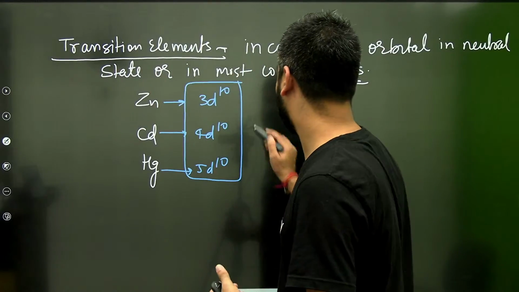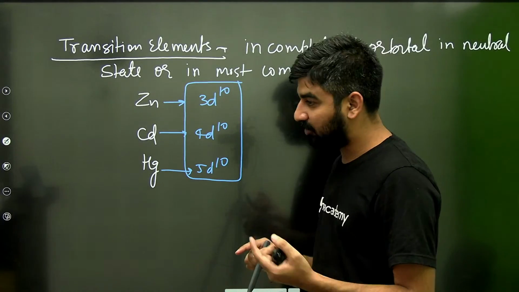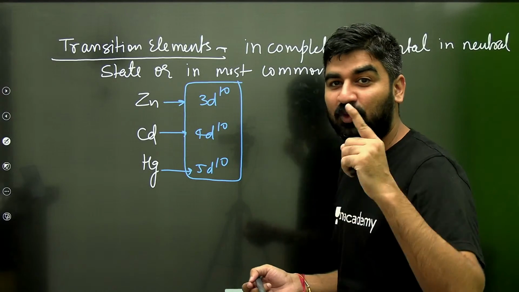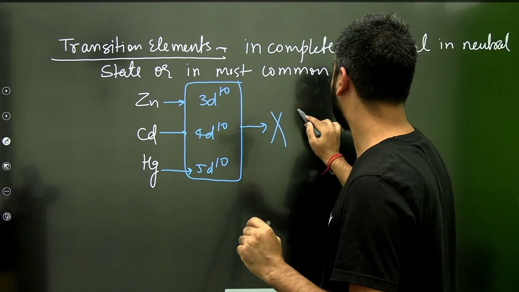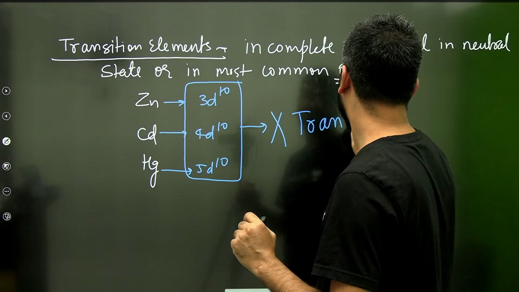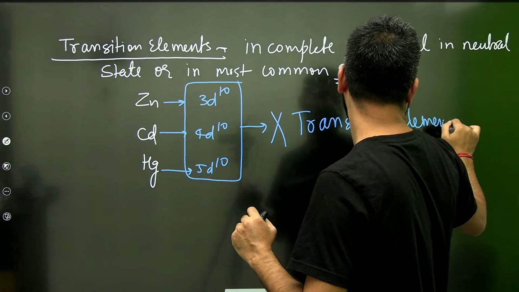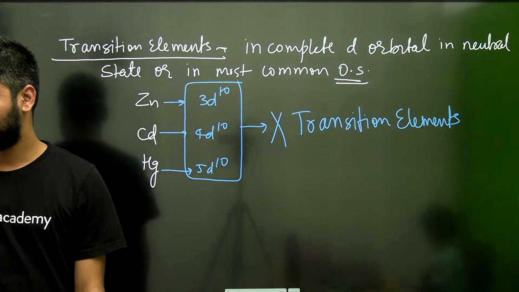That these are d block, because their last electron is entering into the d orbital. That's why I'm calling them d block elements, but these are not transition elements. Right guys, these are not transition elements.